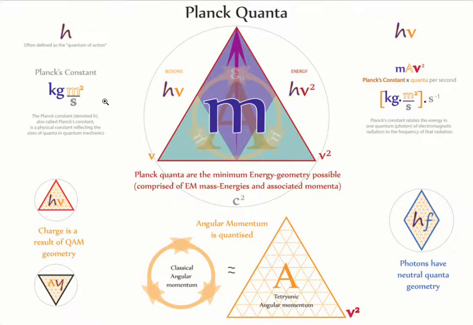Of course, this has not always been expressed this way, but it's shown up in the mathematics as mass quantized angular momentum, or kilograms square meters per second. And of course, however many of these quanta per second are there, gives us our scalar measurement of joules, or kilograms square meters per second squared.